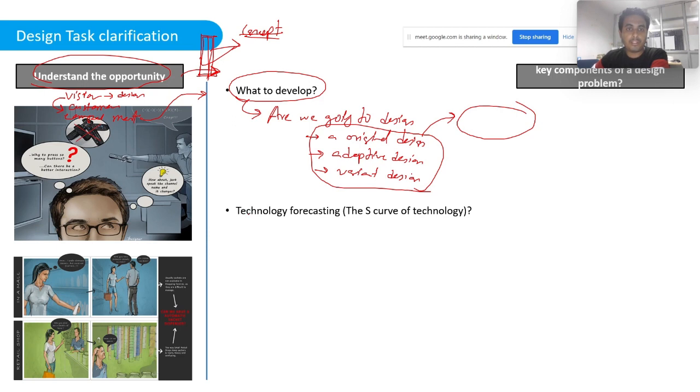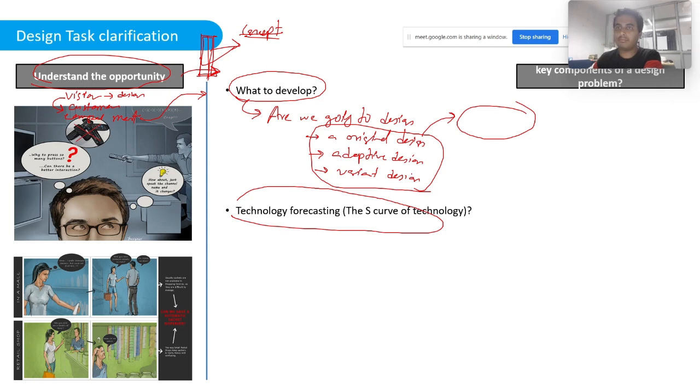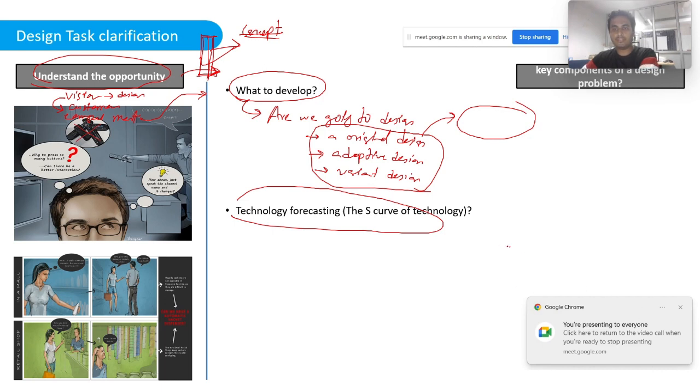Okay, the very next thing is technology forecasting. So what do you mean by technology forecasting?